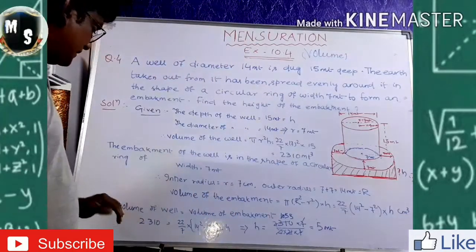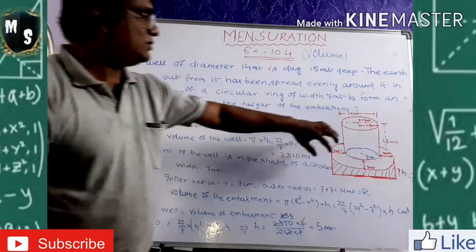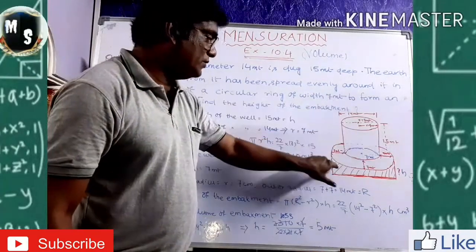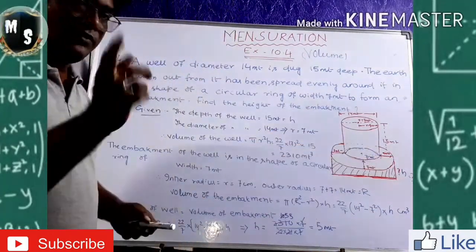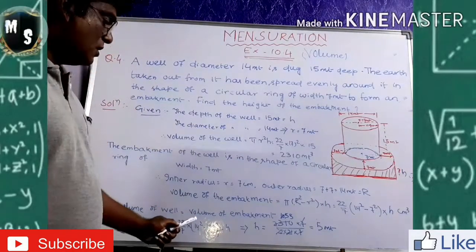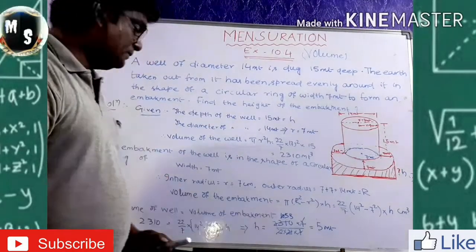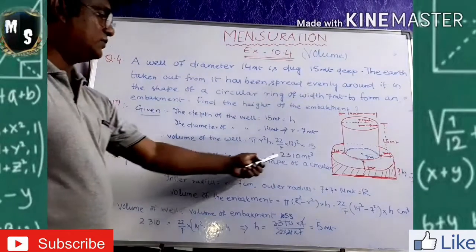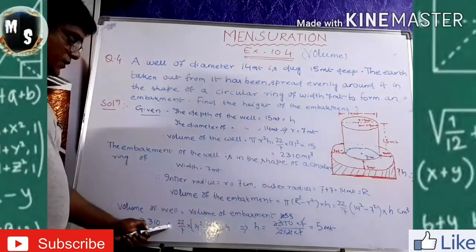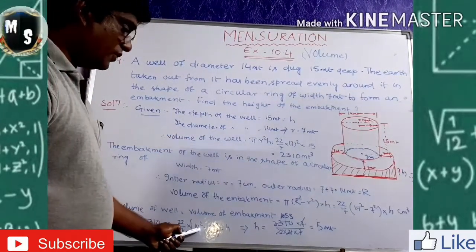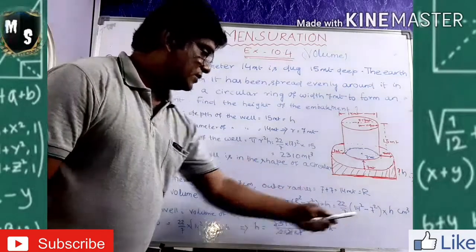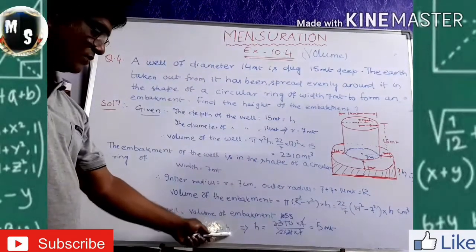Now, the volume of the well, how much earth has been dug out, has been used to form this embankment. So volume of the well must be equal to the volume of the embankment. So what is the volume of the well? It is 2310. 2310 equals 22/7 into 14 square minus 7 square into h. This h we have to calculate.